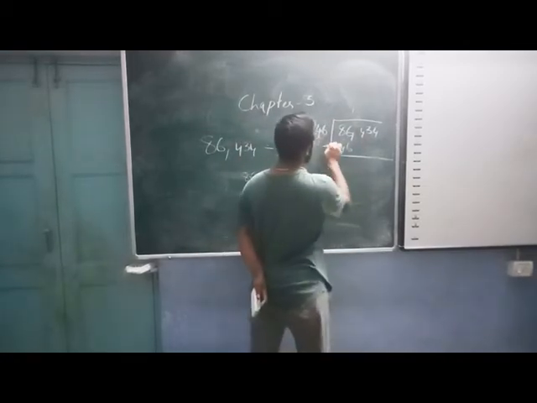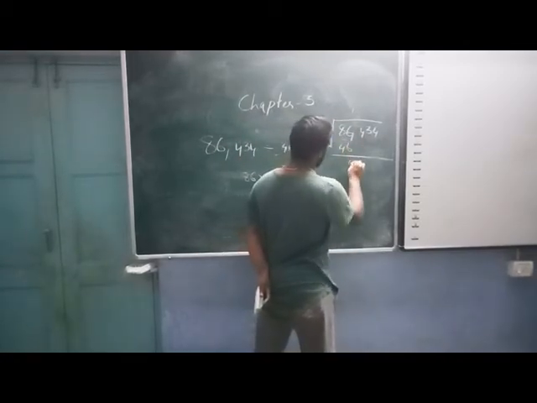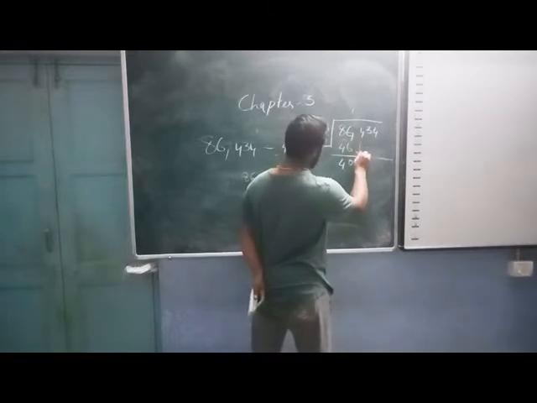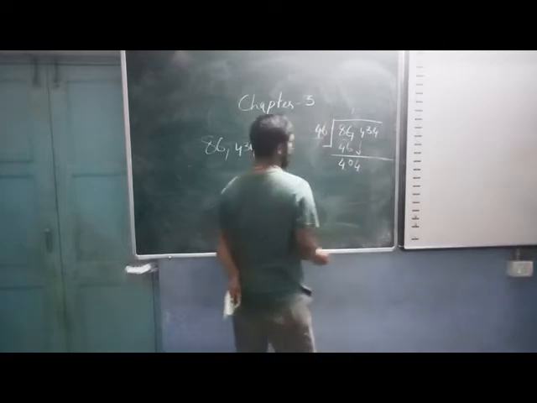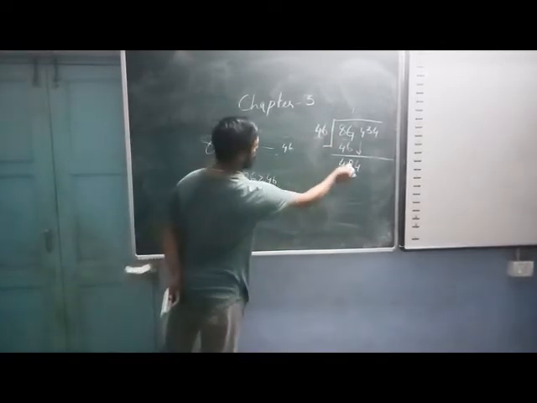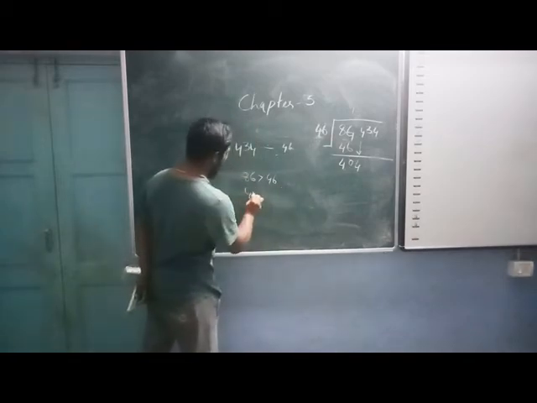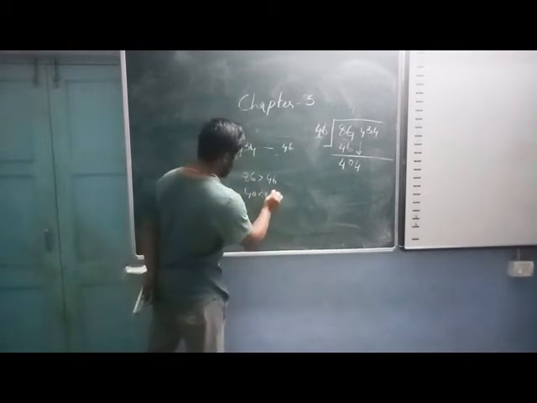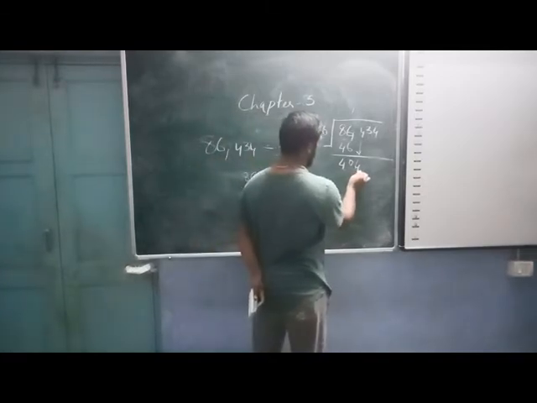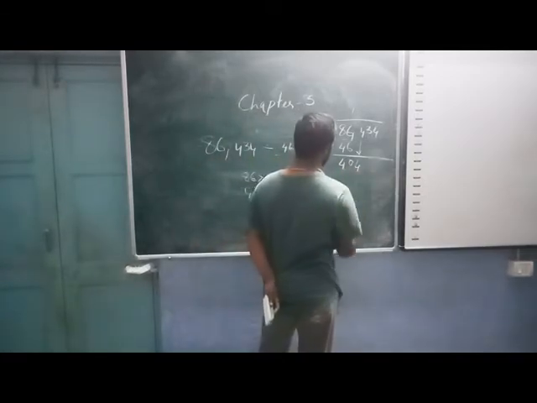So subtract. So this is 0, this is 4. Now bring this value here. Now let us see. Again consider the 2 digits. The 40 is less than 46. So what do we have to do? We have to consider the next number together. So 404.